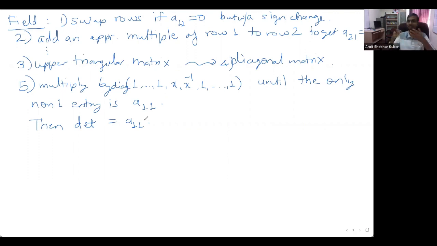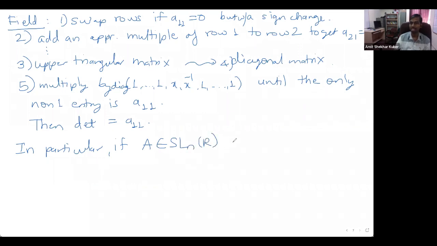So when we are doing this, what did we say? If A is a matrix in SL_n(R), then the result is the identity.